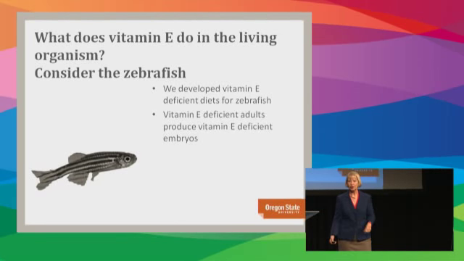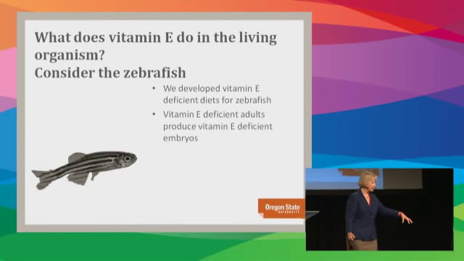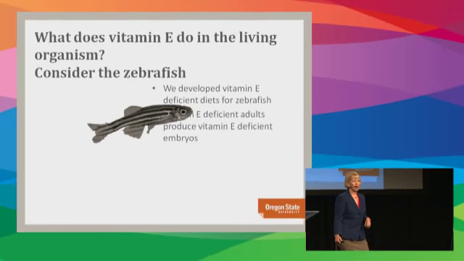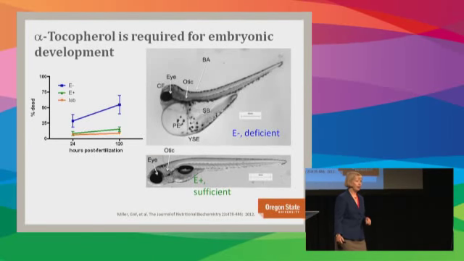Well, if you have a fish, the fish is only going to make little eggs that get fertilized, and they're outside and separate. We can study the embryo. So we made a vitamin E deficient diet, fed those fish, and we got deficient embryos. And what happened? Well, very bad news.